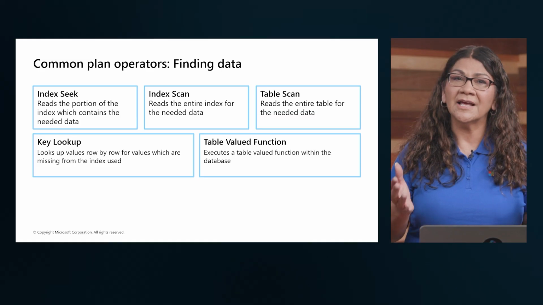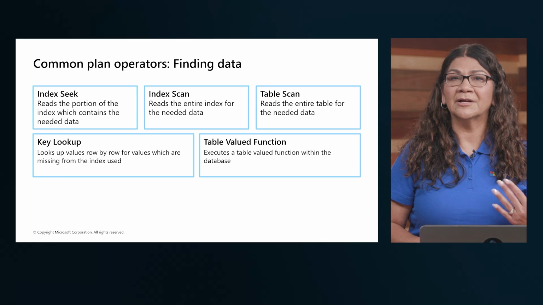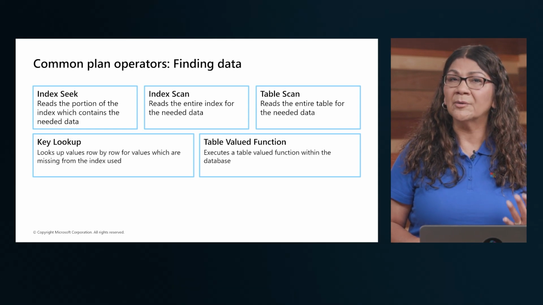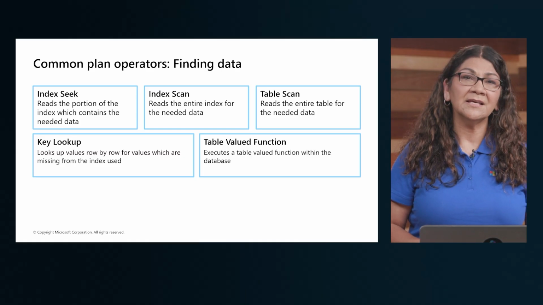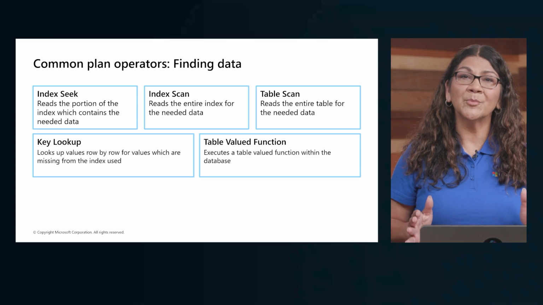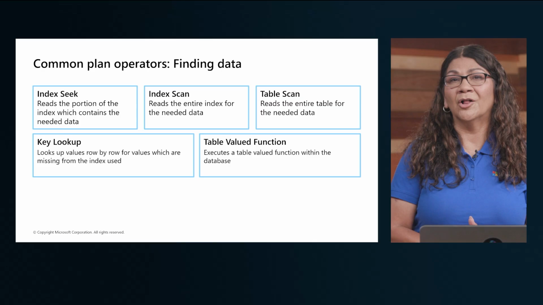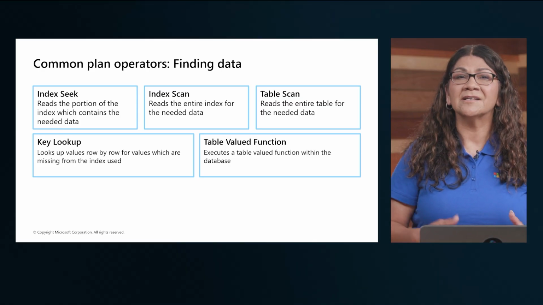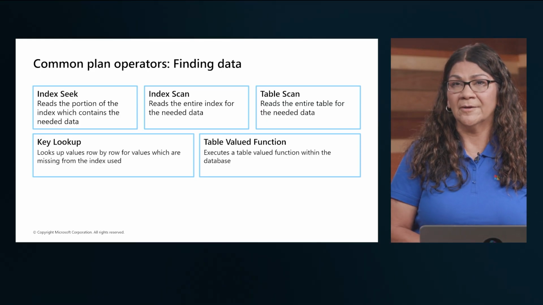Both are logical and physical operators. The table scan operator similarly retrieves all rows from a table, applying a where predicate if present to limit the output. And the key lookup operator performs a bookmark lookup using a clustered index and is always paired with a nested loop operator, which relies on the clustering key specified in the argument column.